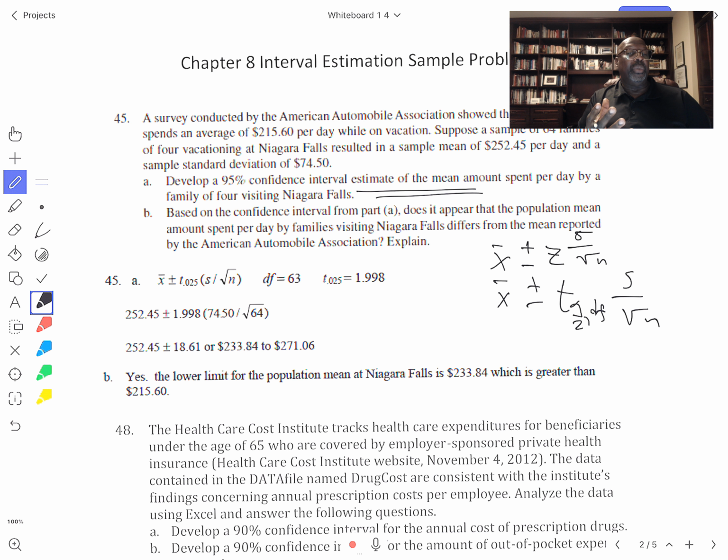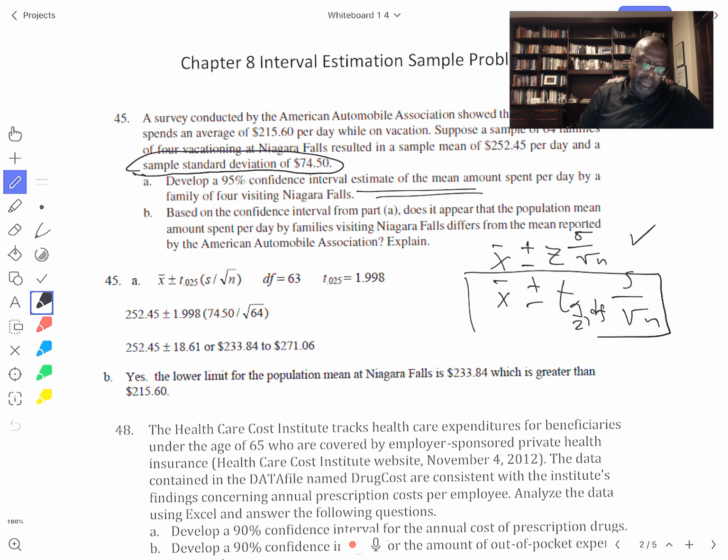Which of those 2 should be used? Well, we would only use this one if we knew the population standard deviation. Let's see if we are given a population standard deviation. We're not, but we're given the sample standard deviation. So we have to use the t-distribution for this question. All right?